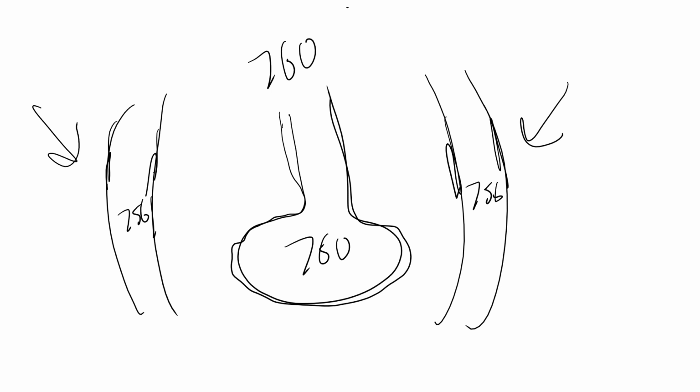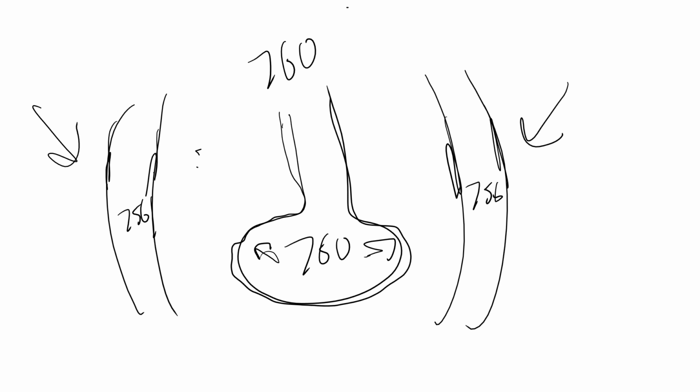It went from 754 to 756 due to the shrinking of the pleural cavity, decreasing in volume. So now the gradient for air to travel outwards that exists inside of the alveoli.